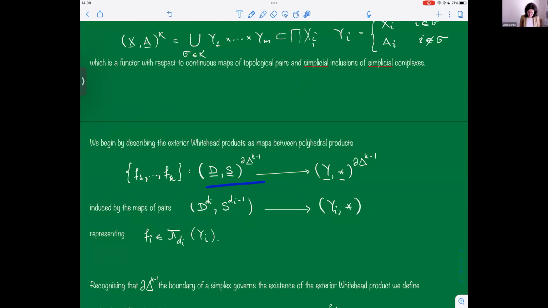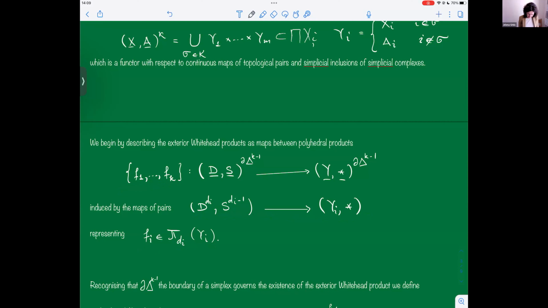So this polyhedral product recovers the join of spheres, and then we can see that the exterior Whitehead product is given simply as a map of these polyhedral products by its functoriality, by first looking at the maps of pairs from a disk and a circle into Y_i and a point that represent this class F_i.